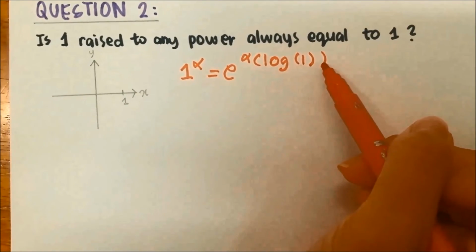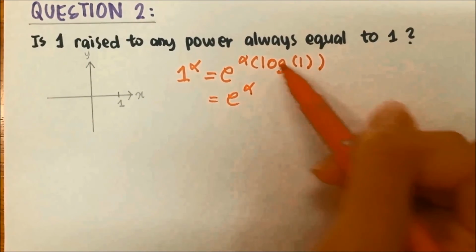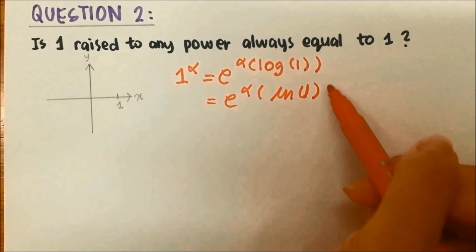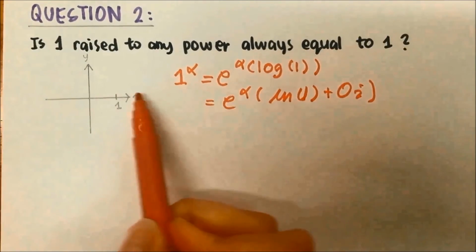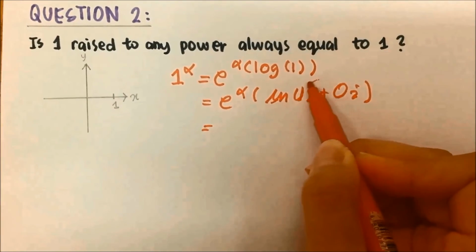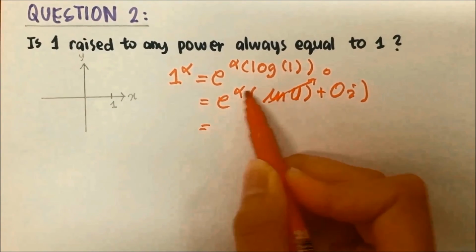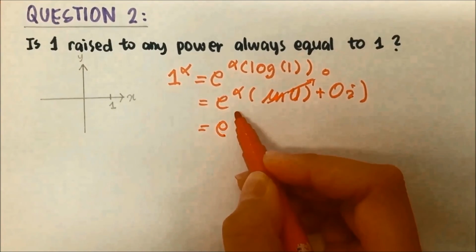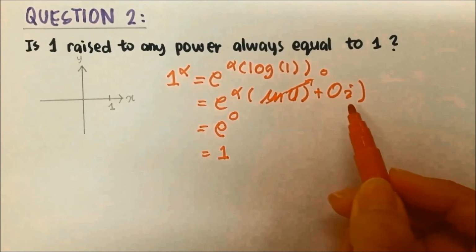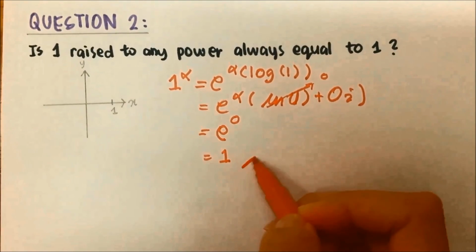We know that the argument of log 1 is 0. As you can see here, there is no argument. And then this part is also equal to 0. And when we multiply this part, we get e to the power of 0, which is equal to 1. Therefore, we can conclude that 1 raised to any power is always equal to 1.